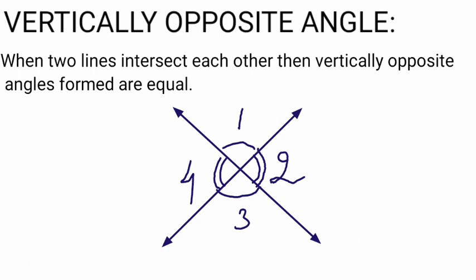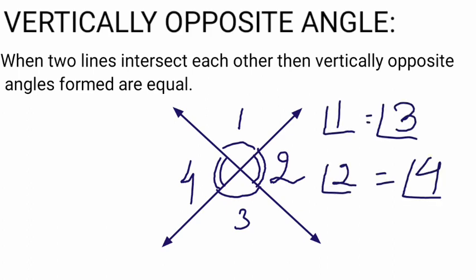Angle 1 is the vertically opposite angle of angle 3 and both are equal, and angle 2 is the vertically opposite angle of angle 4. That means these are also equal. Here angle 1 equals angle 3 and angle 2 equals angle 4.